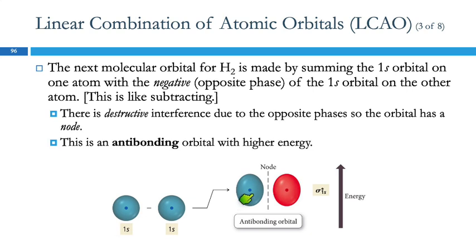And so we're going to get something that looks like this, where there's a big old node in the middle, and this is higher in energy than the original ones. So this is considered an anti-bonding orbital because it's not going to help the cause. So this is a sigma star 1s.